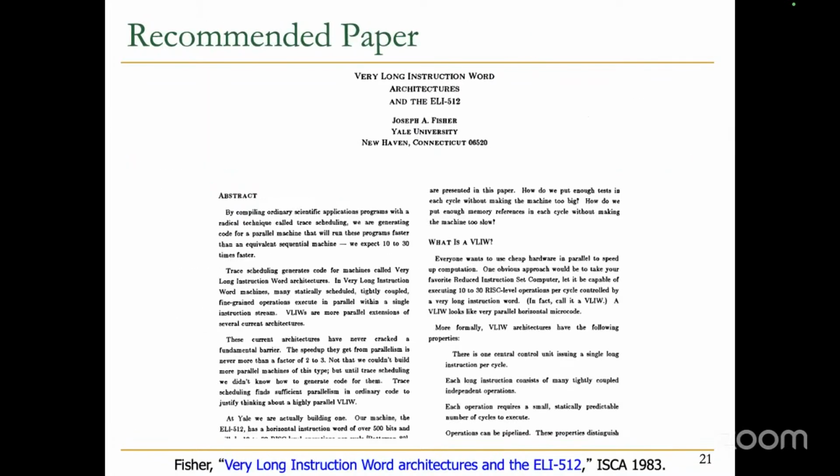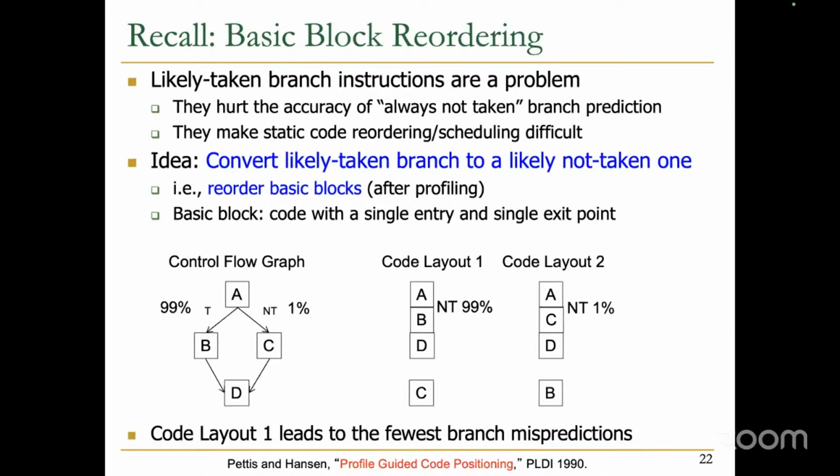Even though we don't talk a lot about compilers in this course, this is actually really the basis of modern optimizing compilers. Okay, we have seen some of these compiler optimizations before, like basic block reordering, if you remember, right? We reordered basic blocks such that the not-taken branch prediction is effective.